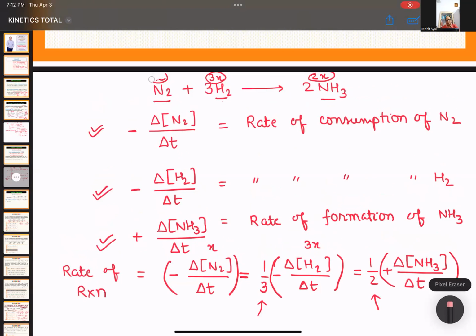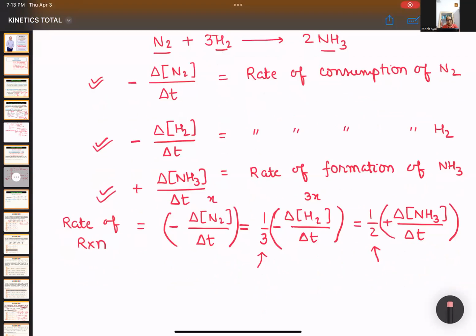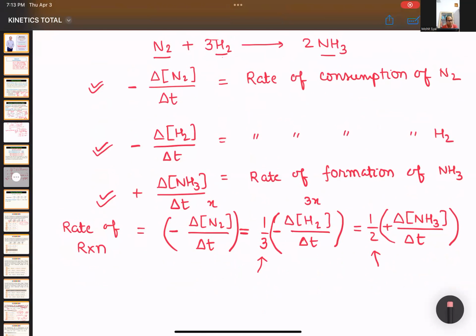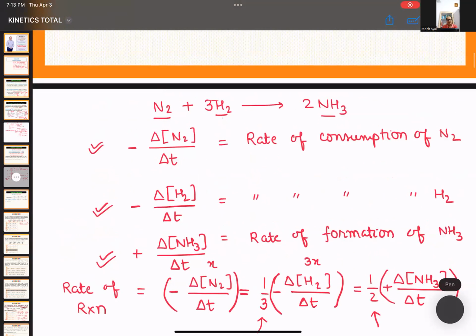Then each one will become the rate of the reaction. Do not multiply, because if you multiply, it is already multiplied. If 1 mole is consumed in 1 minute, 3 moles are already consumed. If you multiply by 3, it will become 9, so they are not becoming equal.